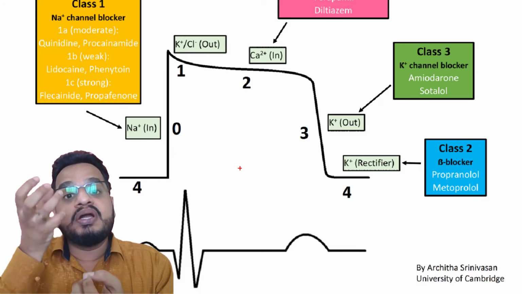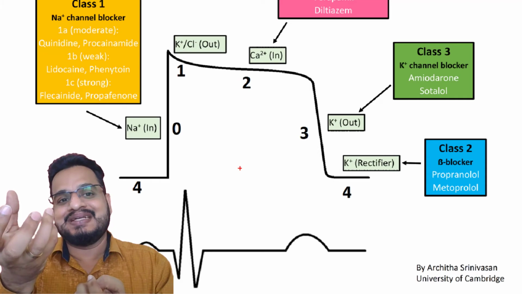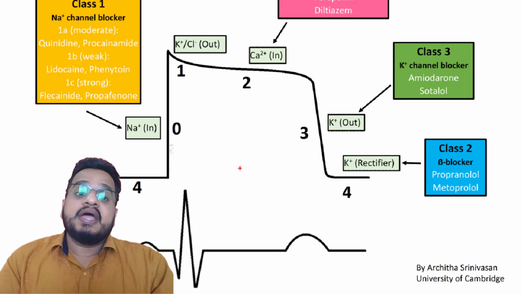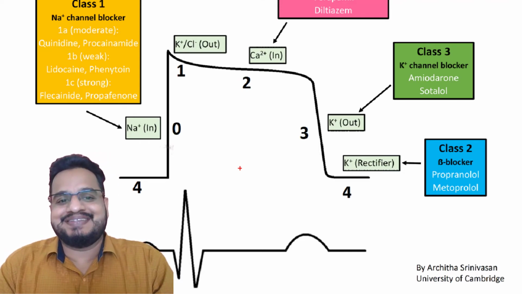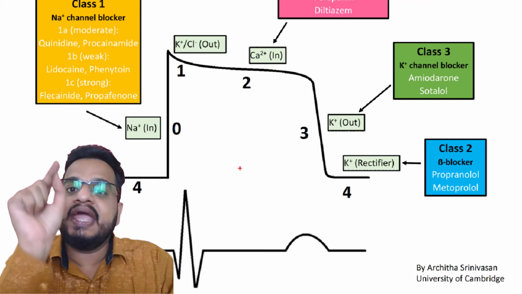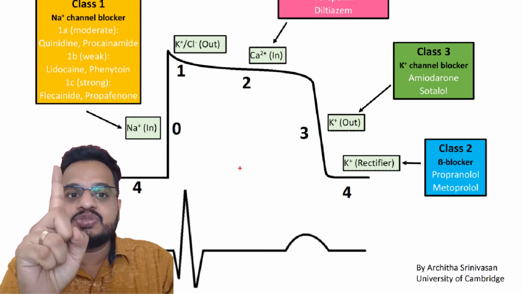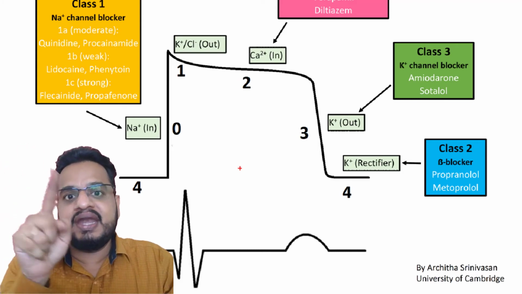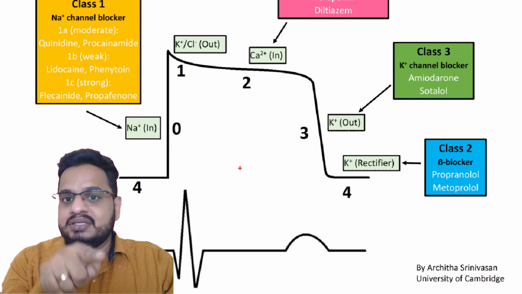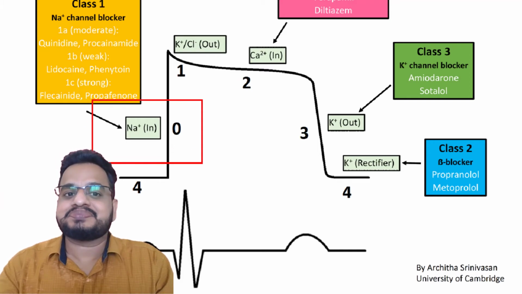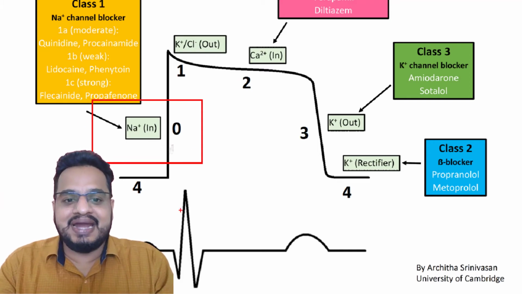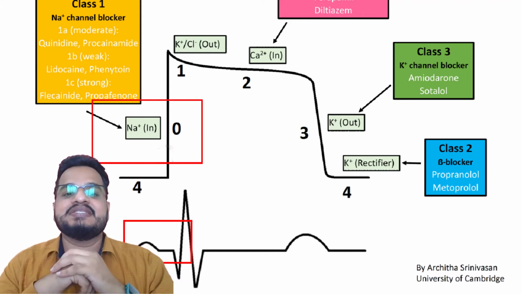The moderate sodium channel blockers, beautiful examples being quinidine and procainamide, are called 1A class. Class 1 is what? Sodium channel blocker. Where is it acting? You can see in the graph, this part. Class 1 drugs act in this part.